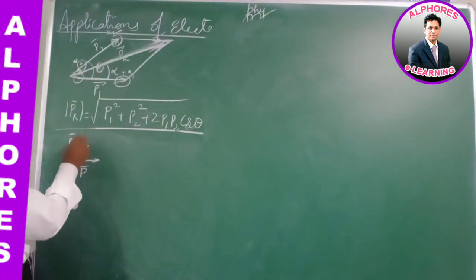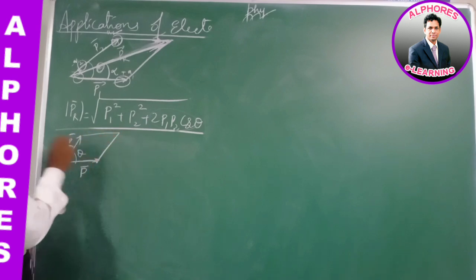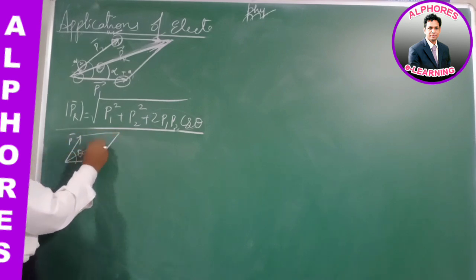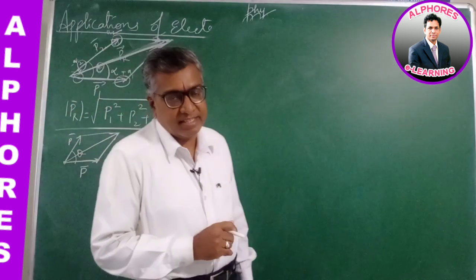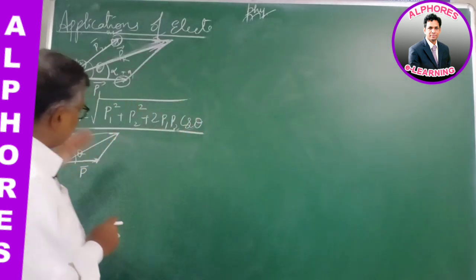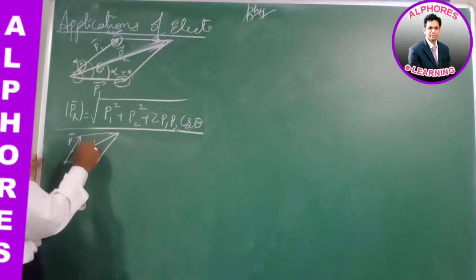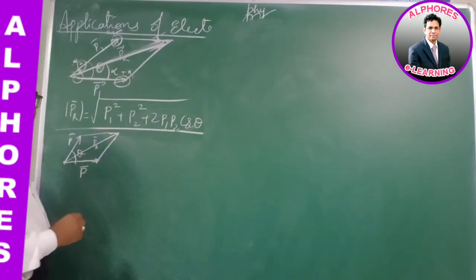The diagonal passing through the point of intersection represents the resultant vector. So this is P, angle theta, and the resultant dipole moment is like this.